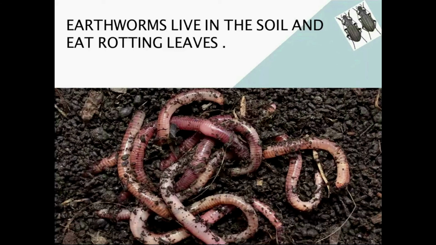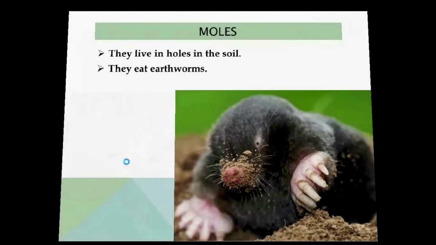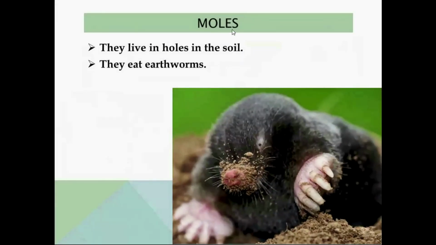There is a type of worms who live in the soil, and those worms are called earthworms. Those earthworms eat rotting leaves, leaves which are no longer alive. Then there are moles.